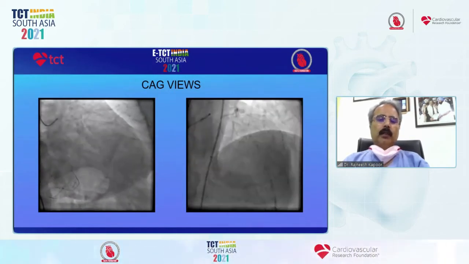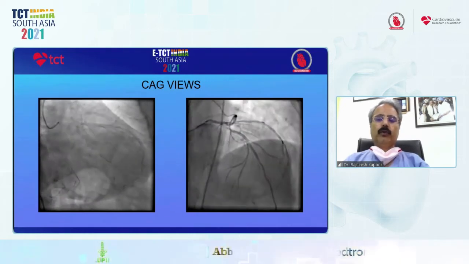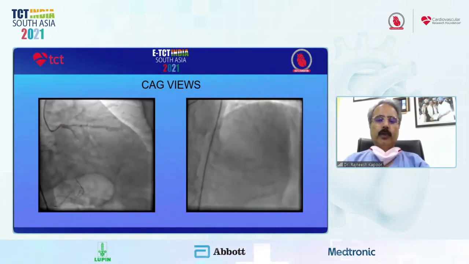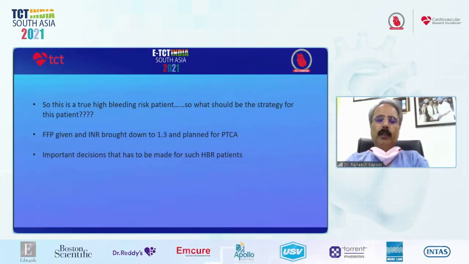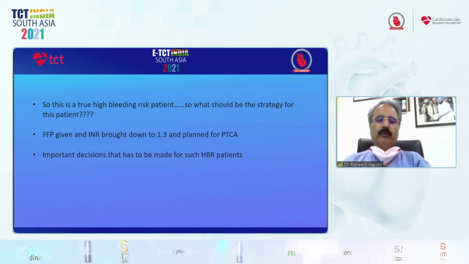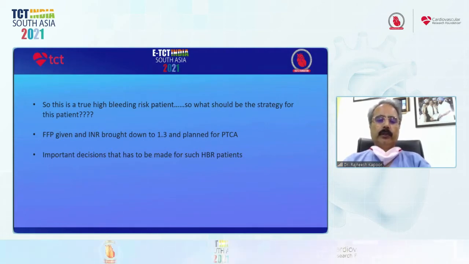So this is the scenario which we come across, and lots of thinking has to be done in such patients. Clearly, this is a true high bleeding risk patient, no doubt about that. And then the next questions which emanate out of this, which come across our minds as interventional cardiologists, are still many unanswered questions.